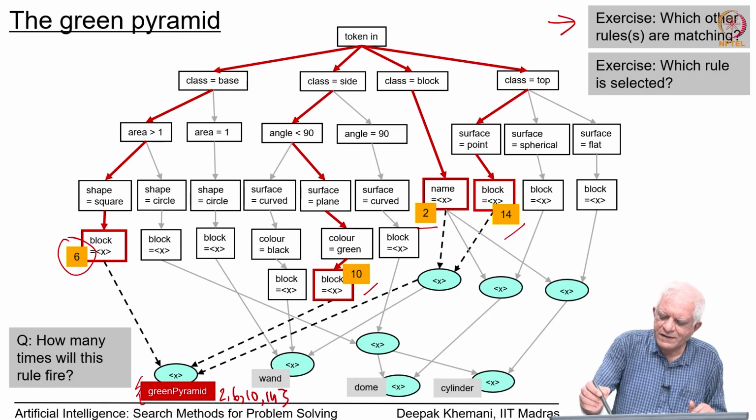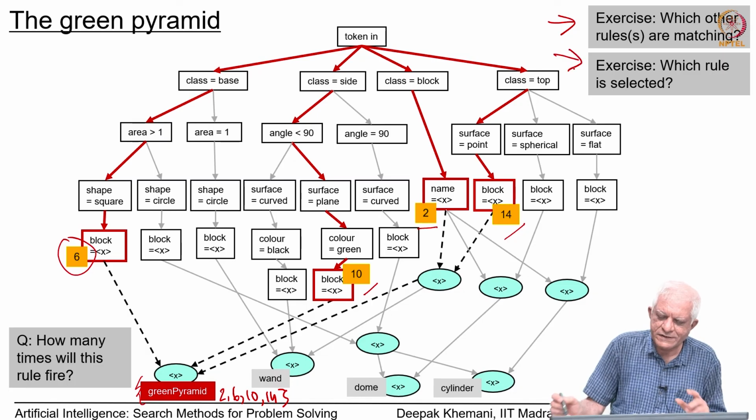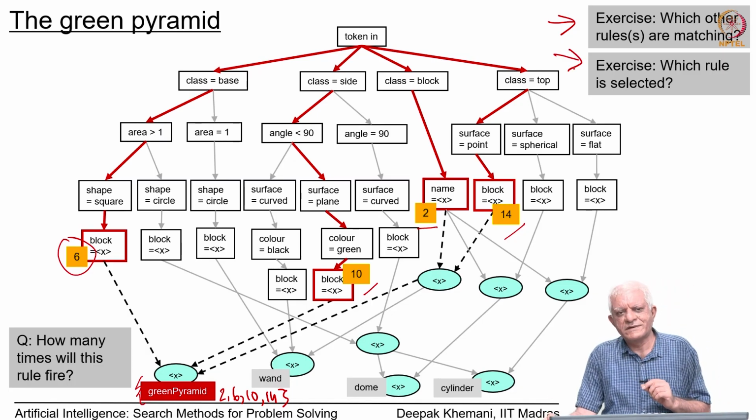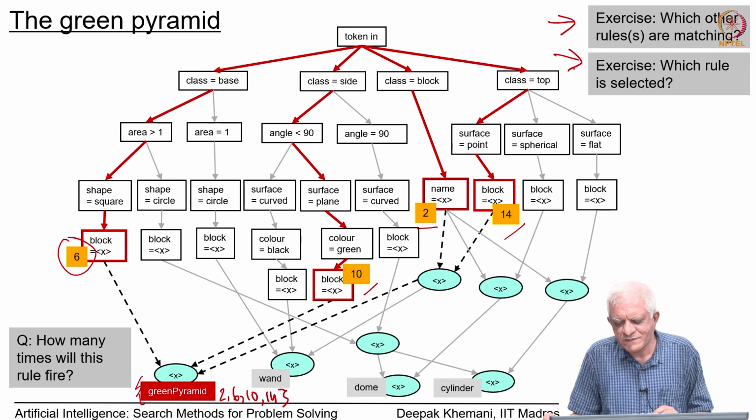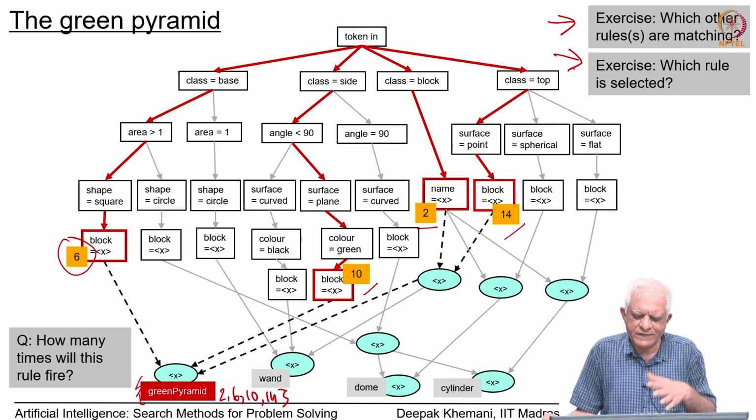And then depending on what strategy you are using for conflict resolution, which rule will be selected. So, first find out which are the rules which are matching, then find out which of them will be selected, provided you choose a particular conflict resolution strategy essentially. So, let us focus for the moment on 2 strategies, one is specificity and the other is recency. Okay.